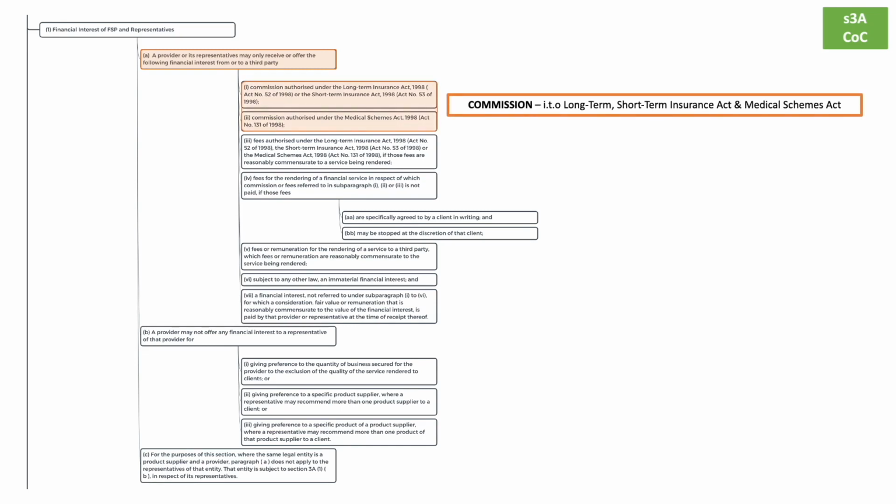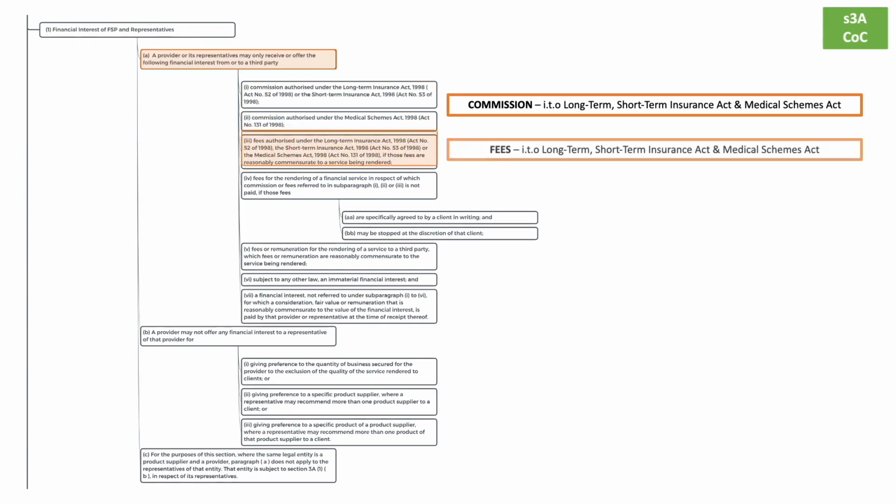Commissions, as outlined in the Long-Term, Short-Term Insurance Act and Medical Schemes Act. Fees, as outlined in the Long-Term, Short-Term Insurance Act and Medical Schemes Act.